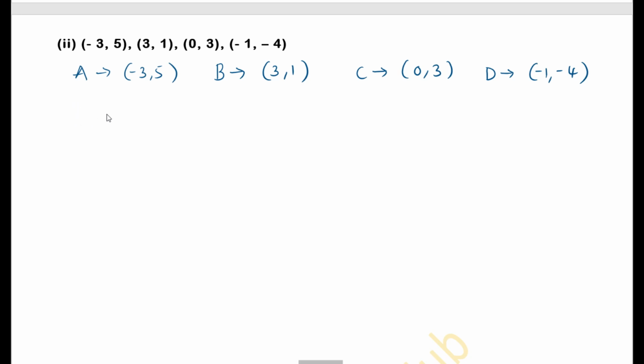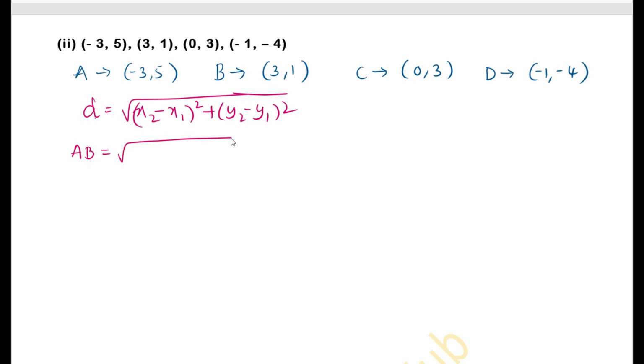Now first we'll write down the distance formula, that is d equals square root of (x2 minus x1) the whole square plus (y2 minus y1) the whole square. Now find out the length AB. AB equals square root of, what is x2? 3 minus of minus 3 whole square plus, what is y2? y2 is 1 minus 5 whole square.